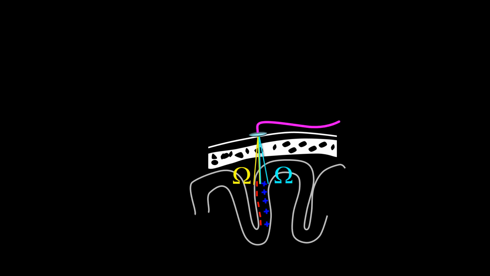The negative solid angle will be viewed at the point where the dipole is negative, and the positive solid angle will be seen where the dipole is positive. Here they are represented, the negative by the yellow omega and the positive by the aqua omega.